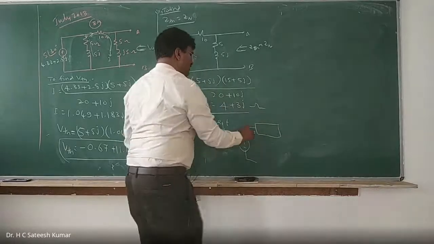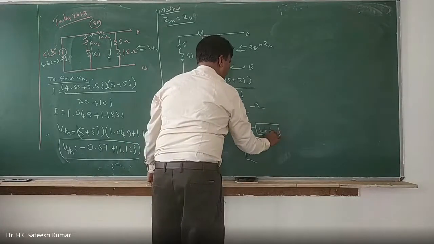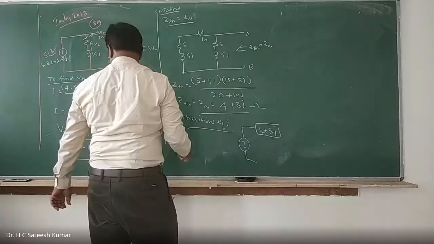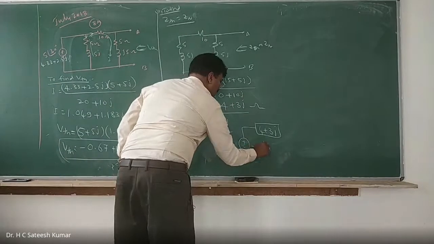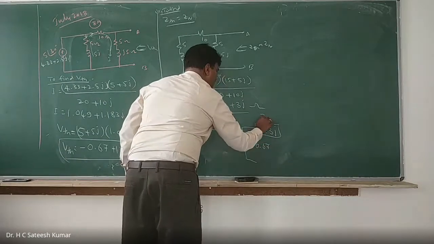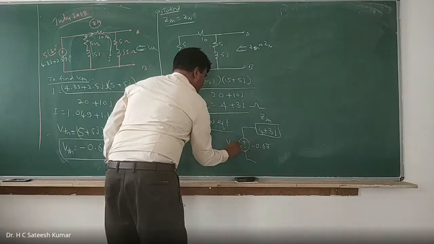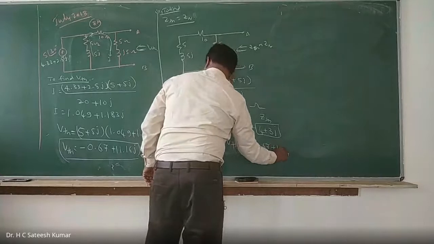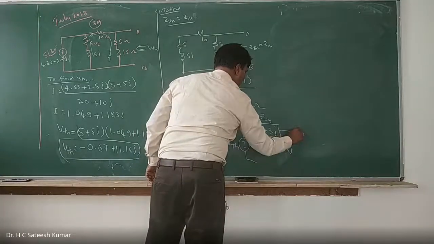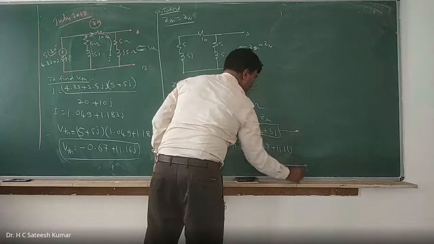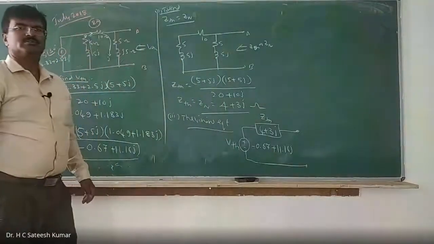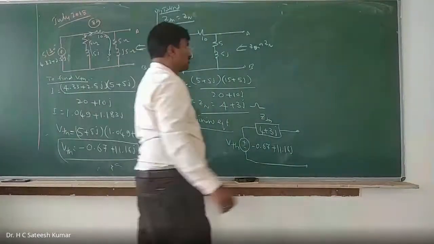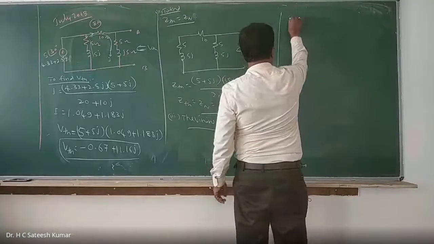Impedance is 4 plus 3J and the voltage source is minus 0.67 plus 11.16J. This is your ZTH, this is your VTH. That's how we should do it. So that is Thevenin's.